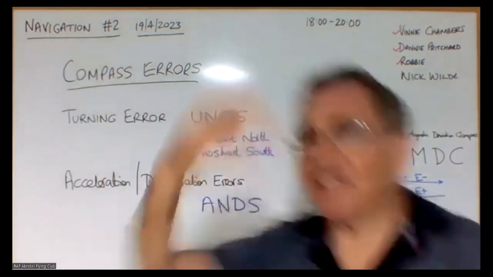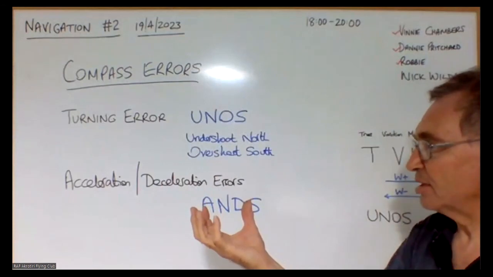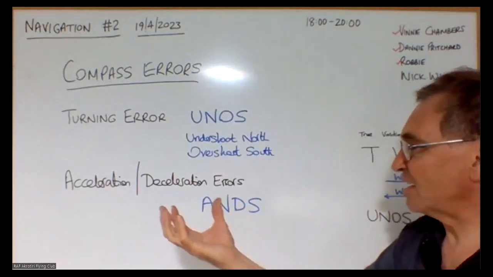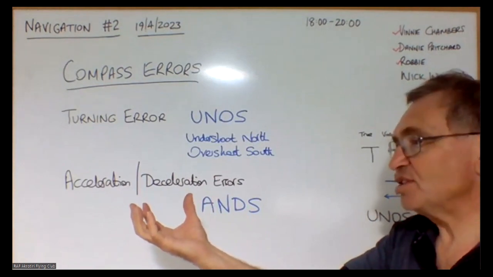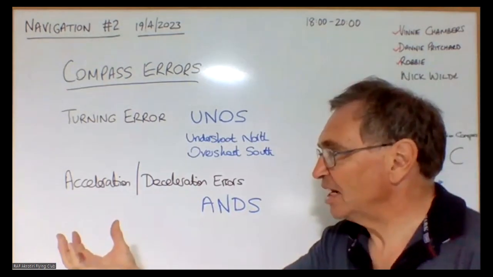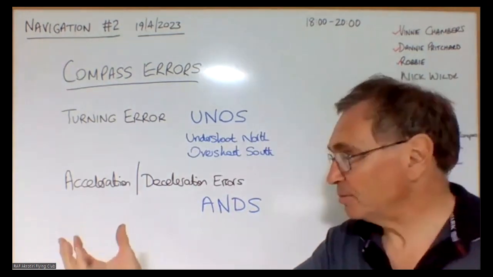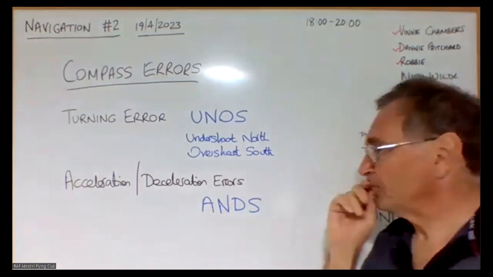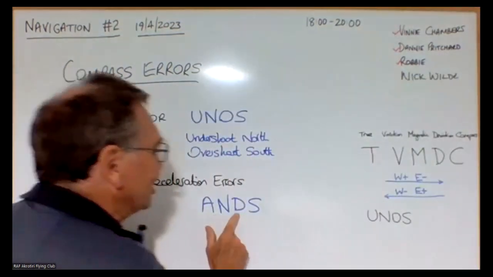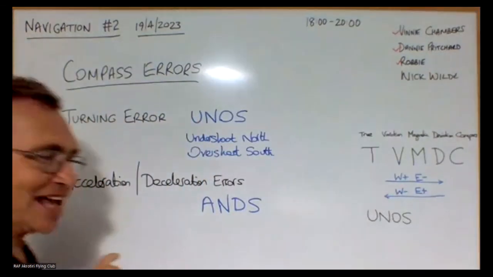And once again, I take my same compass and it's showing 270. If I accelerate it, it shows a turn to north, so it's going to show 280. And as I stop, it moves back to 270. If I decelerate, it produces a turn to the south.